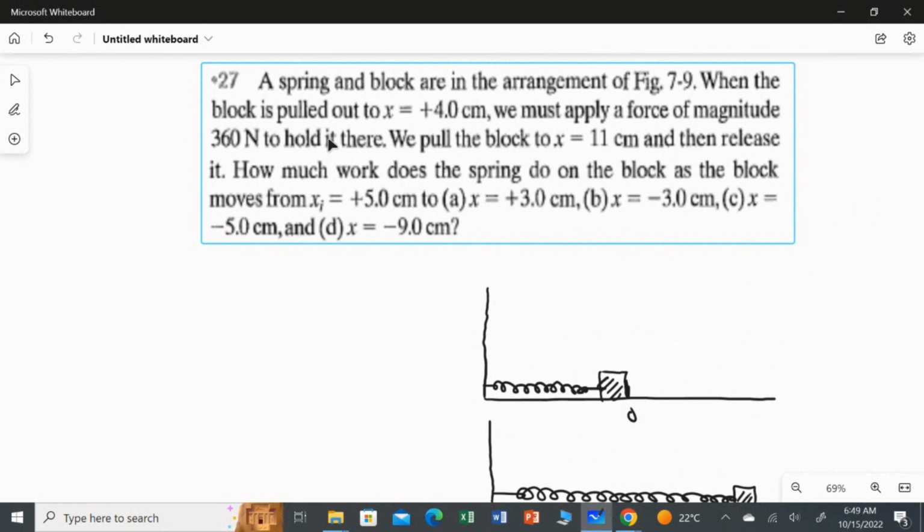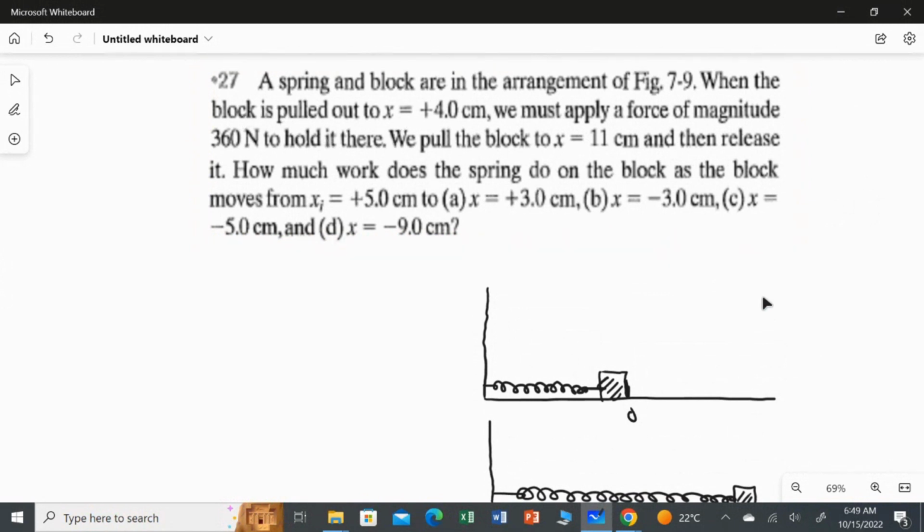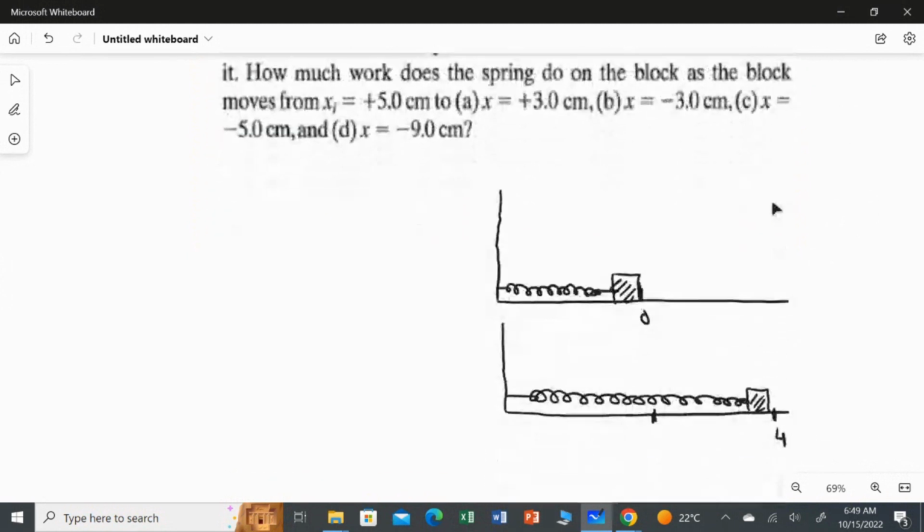Clear? We must apply a force of magnitude 360 Newton to hold it there. So if you want to take this block to 4 centimeters, for that we have to apply a force of 360 Newton. So initially you extend the spring to 4 centimeters, and then you applied a force of magnitude 360 Newton.